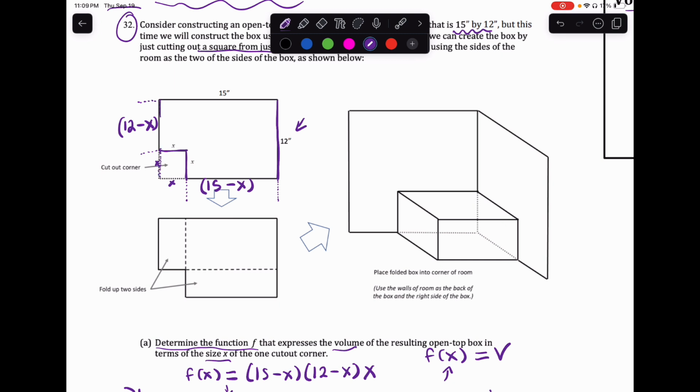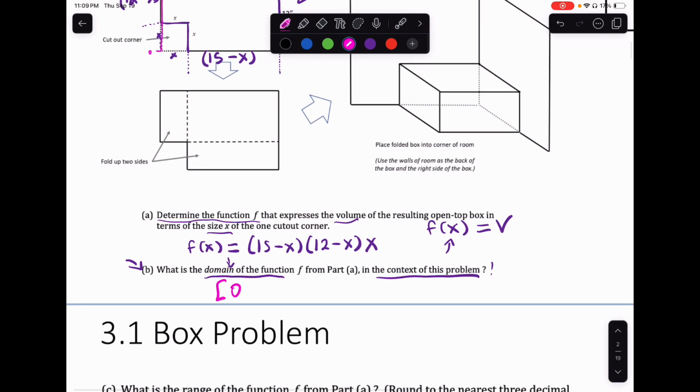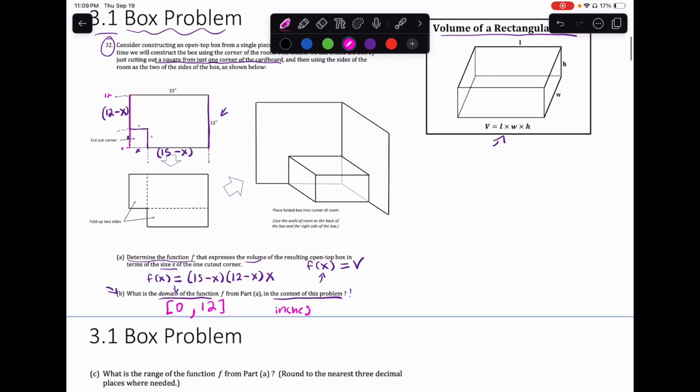As I'm cutting, I can have 0, leaving the paper just as it is, or I can keep cutting all the way over here until there's literally nothing else to cut. I've cut the entire thing, and that would be at 12 inches. So our domain would be from 0 to 12. For units, we're using inches because we're talking about lengths.